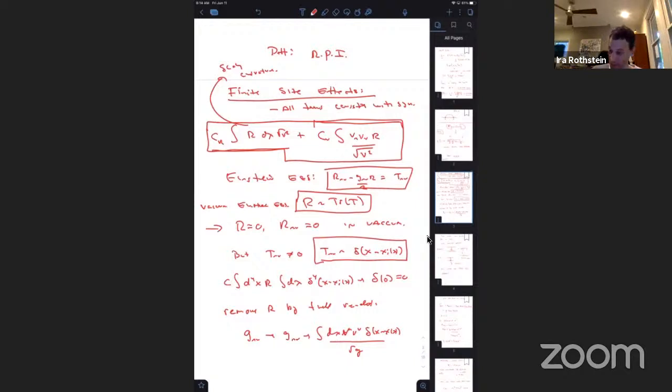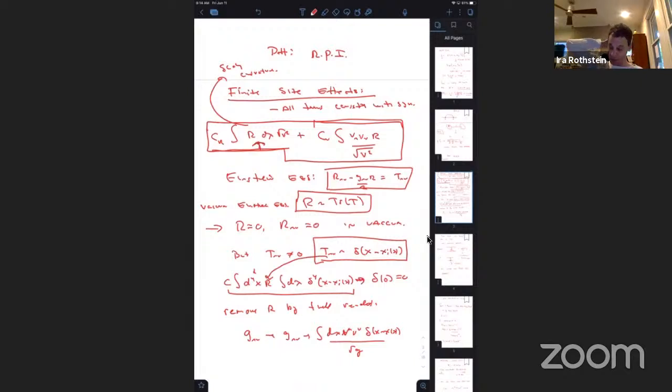So the stress energy will necessarily be proportional to a delta function, where x is sitting on the world line. Now if we look at this term and rewrite it in terms of the world line, I could do this d4x integral and return to this result here. Now, if I insert the Einstein equation here, this gives me another delta function. So this term is going to be proportional to delta of 0.